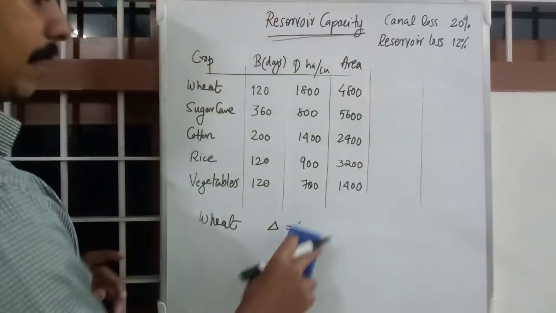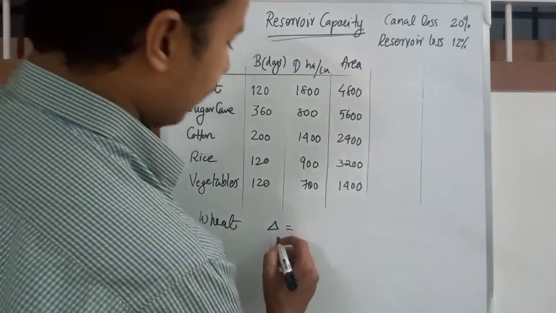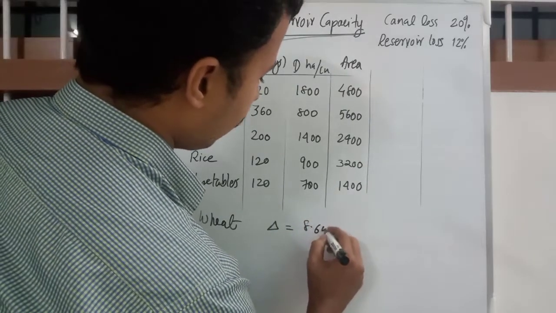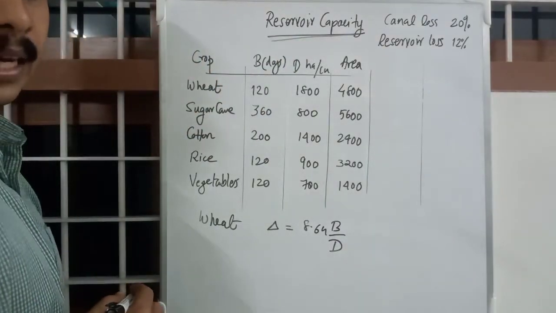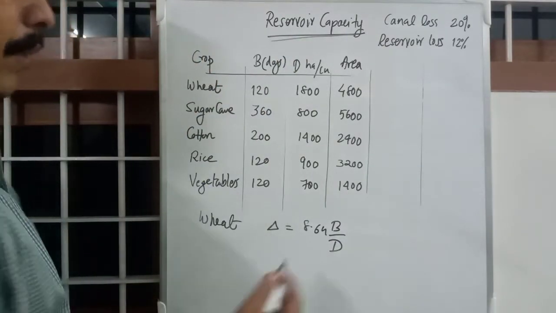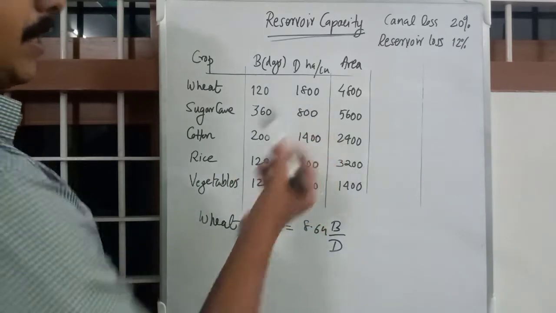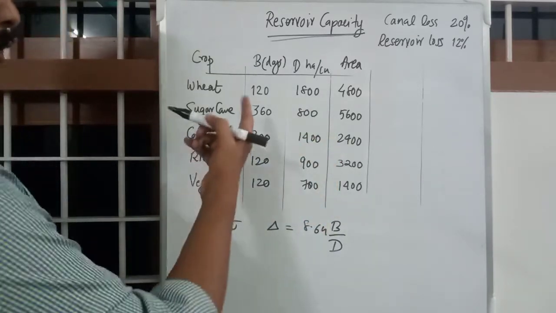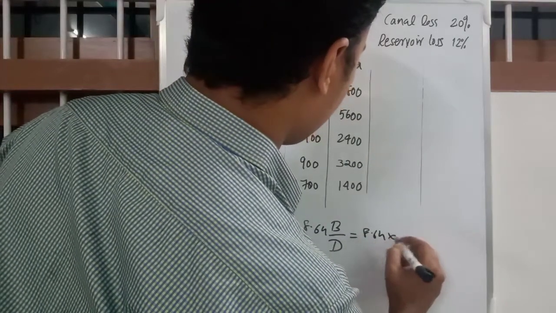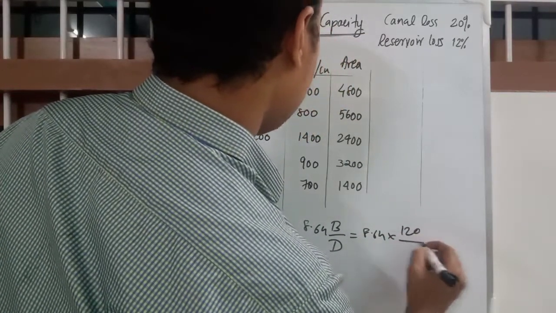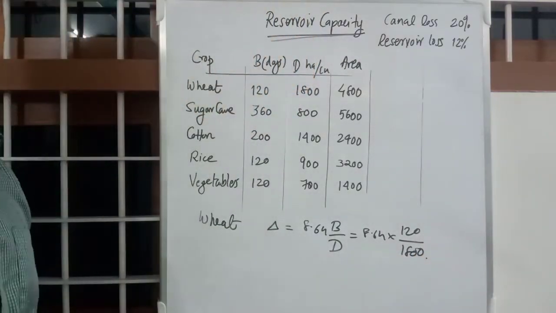So we are trying to calculate delta, and we know there is a simple equation for it. Delta is equal to 8.64 B by D, with B, the base period, in days, and D the duty. So for delta we will calculate 8.64 into 120 by 1800.